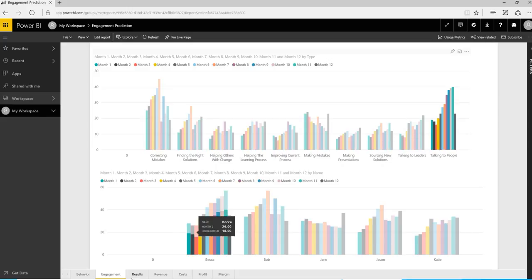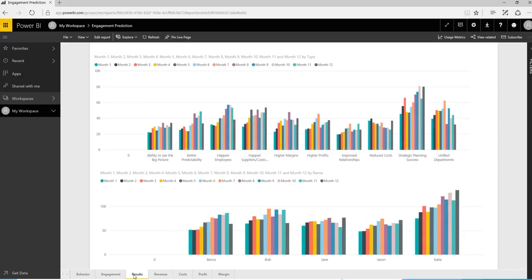Now, the interesting part is how it all comes together. At the end, by combining the behavior and engagement, we can see the big picture. We can see predictability. We can see that employees are happier. We can see customers and suppliers are happier. Our margins are higher. Our profits are higher. We have improved relationships with both internal and external customers. We have reduced costs and we are increasing our profitability.